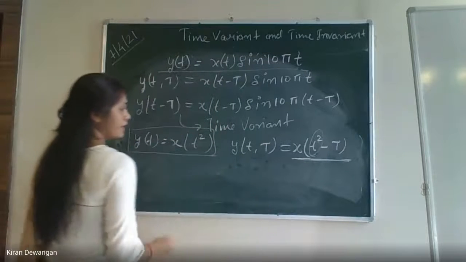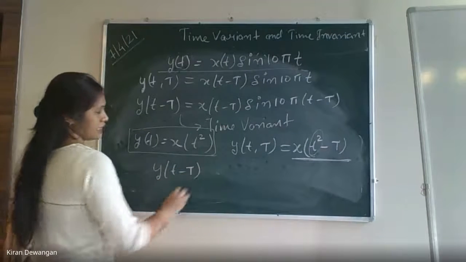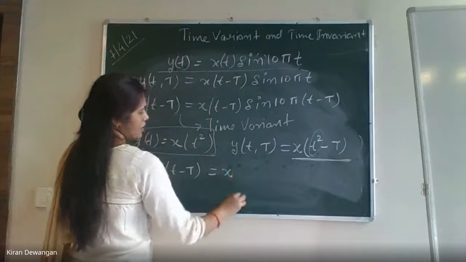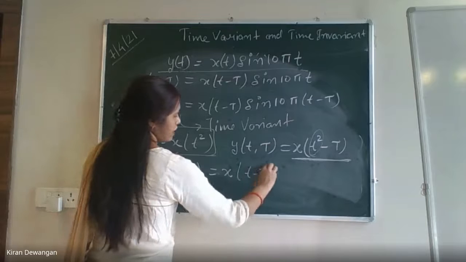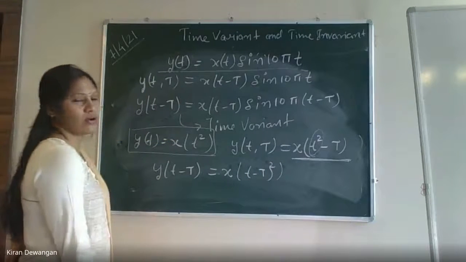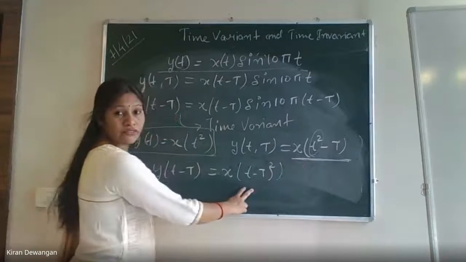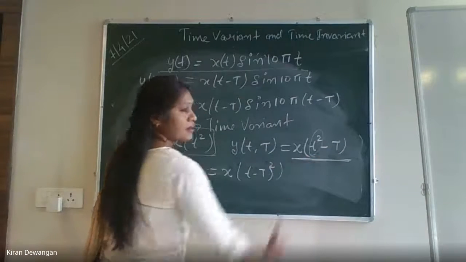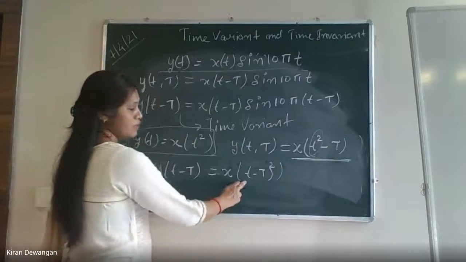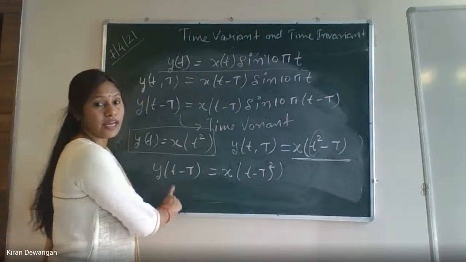So this will be written in this way, and y of t minus T will be x of (t minus T) whole square. Clear? So these two things are different. Here it is t square minus T, and this will be (t minus T) whole square, and hence it is going to be a time variant system.